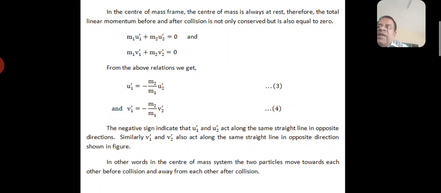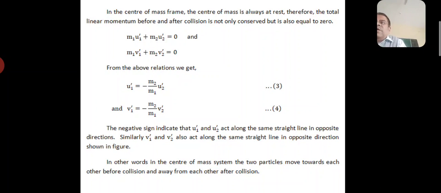The negative sign indicates that u1 dash and u2 dash act along the same straight line in opposite directions. Similarly, v1 dash and v2 dash also act along the same straight line in opposite directions as shown in the figure.